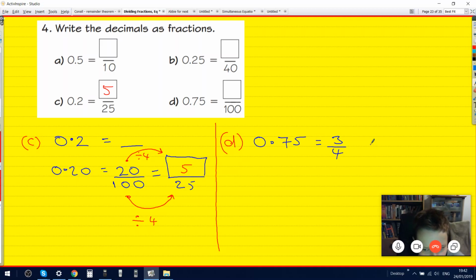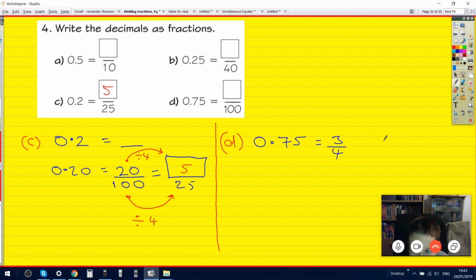So therefore you work out how many times 4 goes into 100. And so that is, well, 4 goes into 100 25 times.